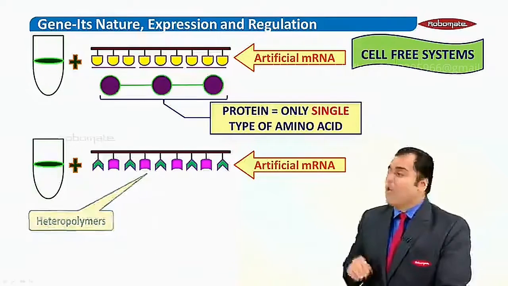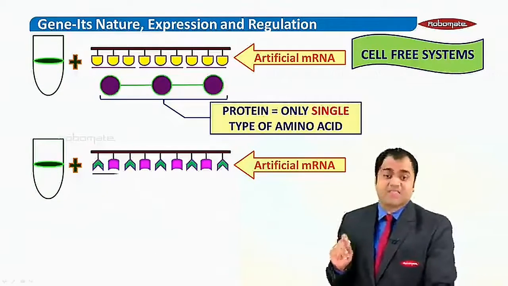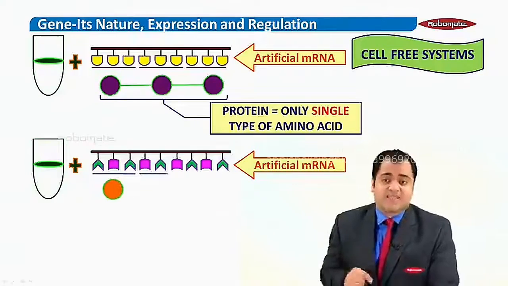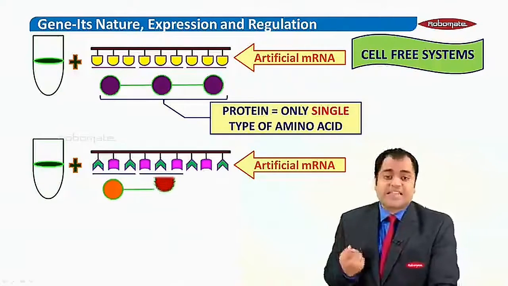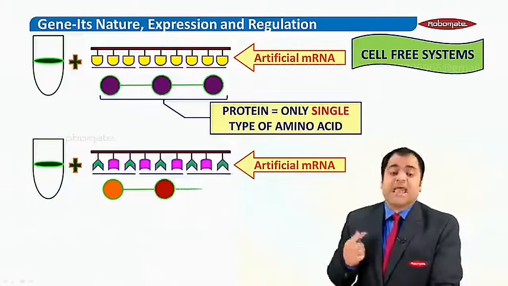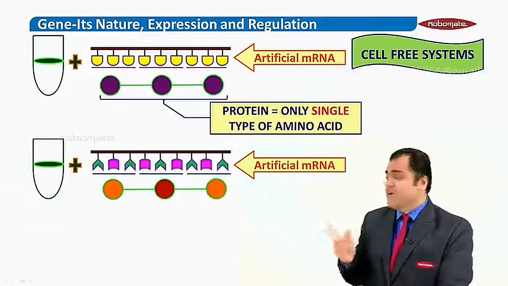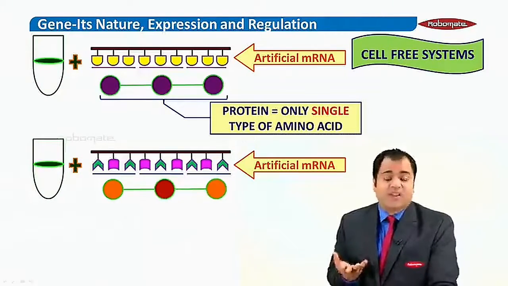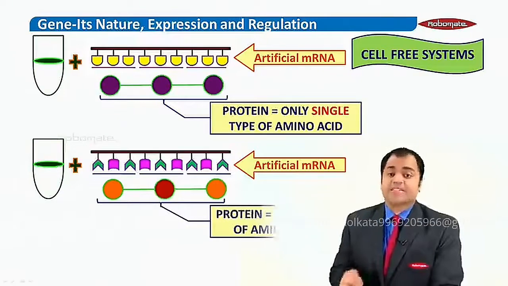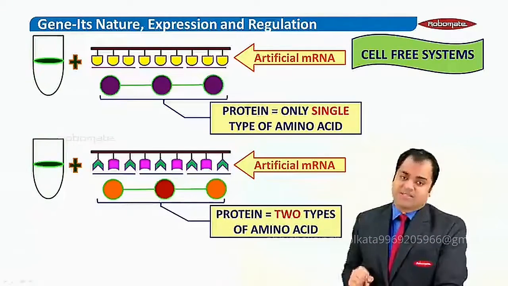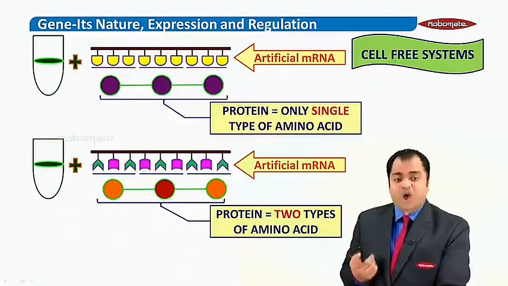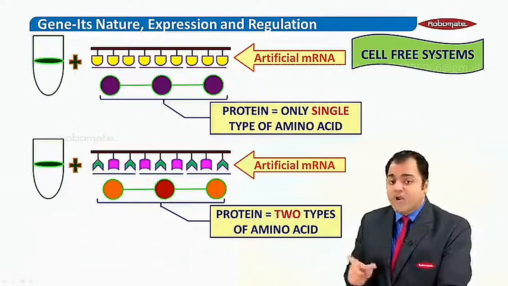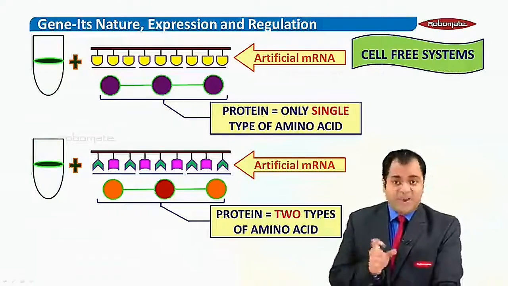Now once again, every 3 bases are going to code for a specific amino acid. The first codon gives 1 amino acid, the second one a different amino acid, and the third one the same amino acid as the first one. So what they actually got here is a protein that contains 2 types of amino acids. In this way, they went on and decided which codon codes for which amino acid.